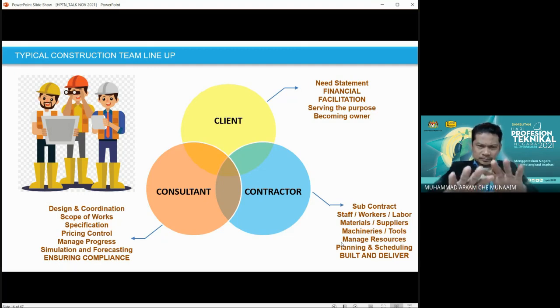So basically, this is the standard, fundamental setup of a typical construction team lineup. We can show it in this slide. So from now, basically, what is the consultant scope of work, what is the contractor scope of work, what is the client expectation scope of work, that we need to understand before we go to their personnel.